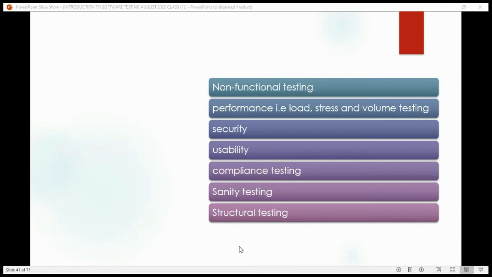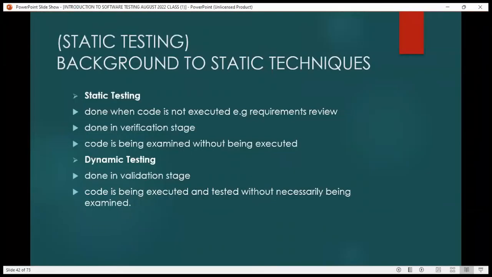Yes, well done. Yes, performance testing. Good, compliance, security, good. So now these are the types of testing. So you can go for an interview. These are different types of testing. So just read more about them.